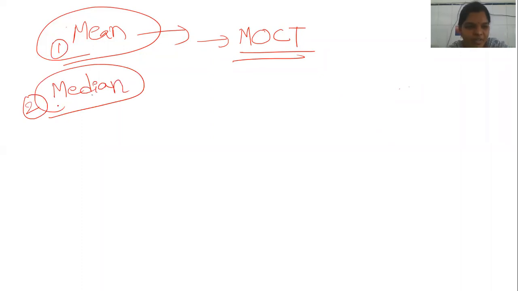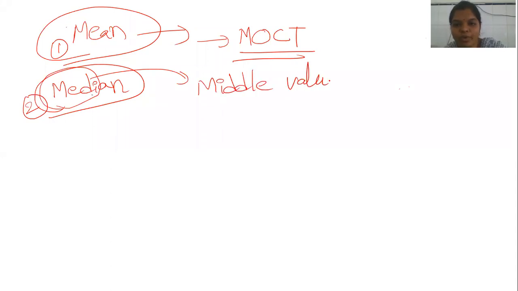The name itself indicates what median means: it's a middle value. So we calculate one of the measures of central tendency by using the middle value in the given data.